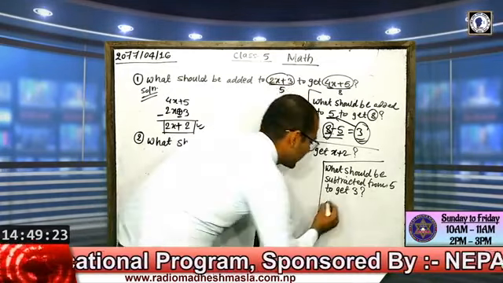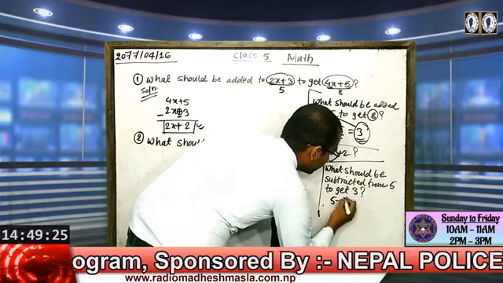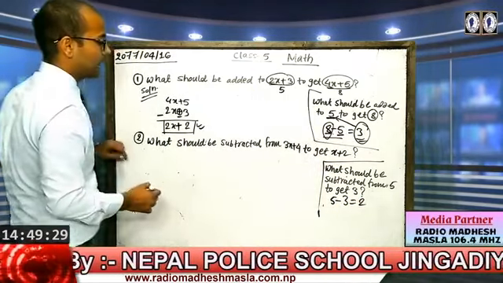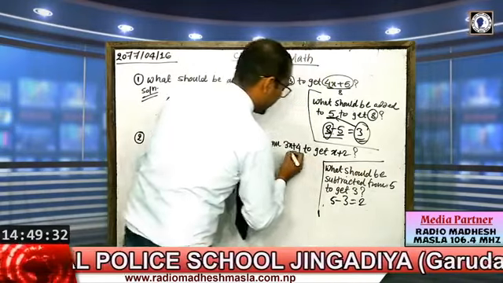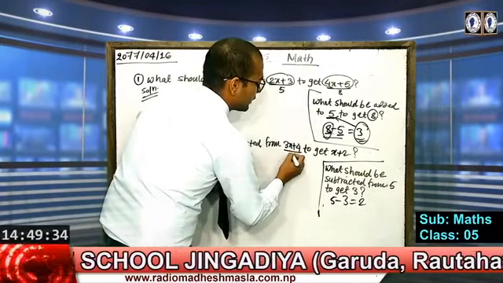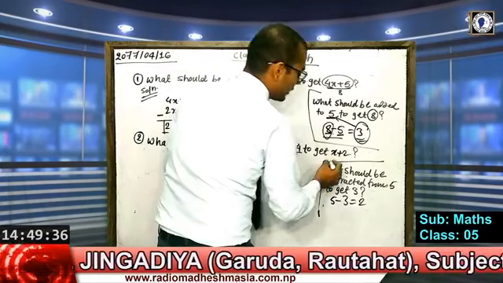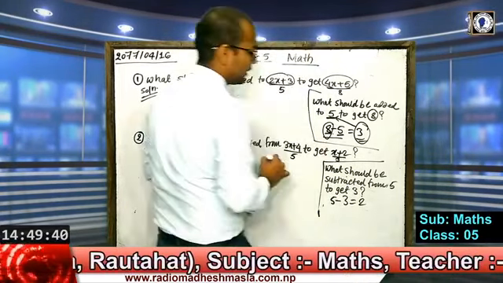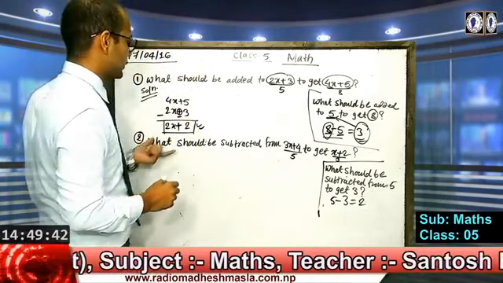So here we can do 5 minus 3, and we get 2. In this way, in the place of 5 there is 3x plus 4, and in the place of 3 there is x plus 2. In the same way we can solve that.